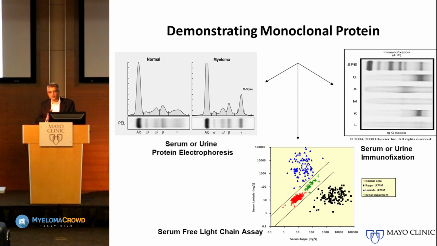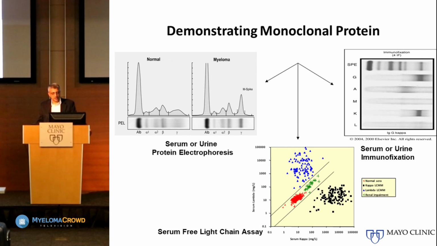I won't go into the details of the assay, but that assay can tell us how much kappa light chain is there in the blood or how much lambda light chain is there in the blood. So these tests all in all allow us to detect an M spike or a monoclonal protein in about 97% of patients. There's still about 2 to 3% of patients who don't make any protein at all, and those are the patients we often talk about as having non-secretory myeloma.